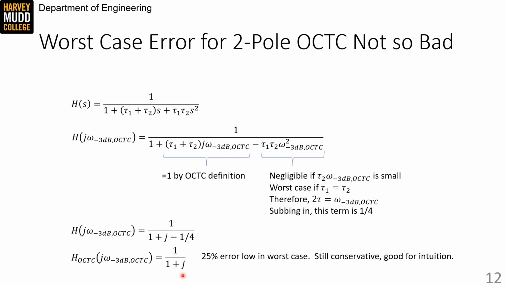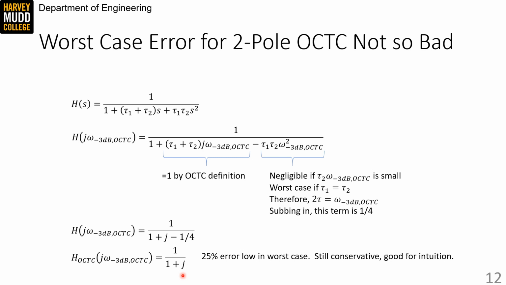So there's about a 25% error in our worst case, and specifically we are predicting that our transfer function will be 25% smaller than the actual transfer function. And this is actually a pretty graceful way for our approximation to fail. It's underselling us. We're going to get a little more gain than we expect at high frequencies.